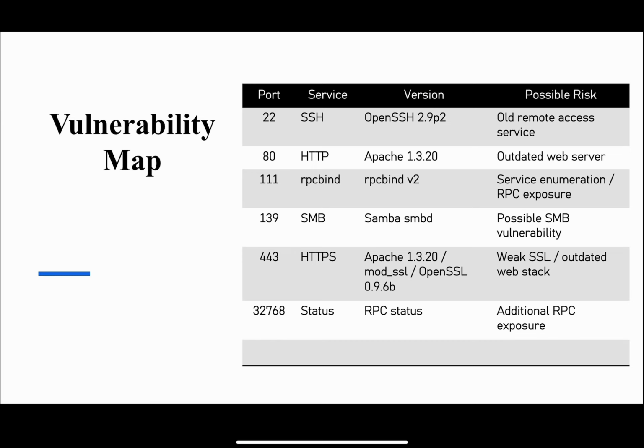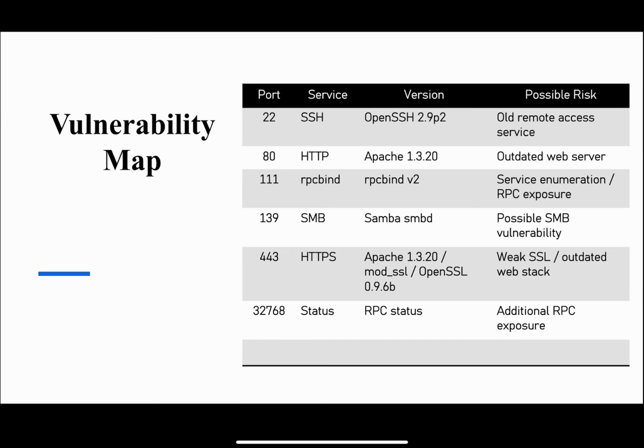Vulnerability map. This slide shows the vulnerability map I created from the scan results. I mapped each open port to its associated service, identified the version information, and listed the possible risks connected to each one. This helped organize the findings and made it easier to determine which service represented the highest risk.